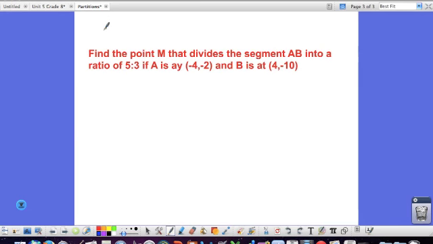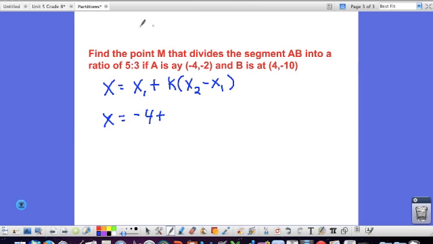Remember, first we're going to do x is equal to where we start plus the ratio k times x2 minus x1. Our x value for this point is going to be equal to where we're starting on x, -4, plus the k value. Now this is not 5/3, this is 5 out of 8.